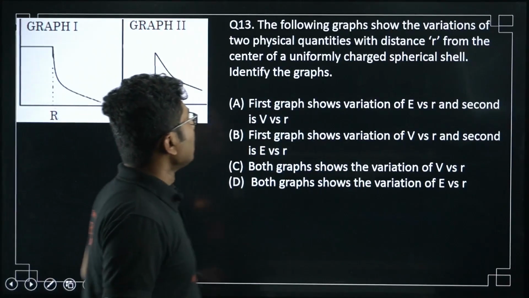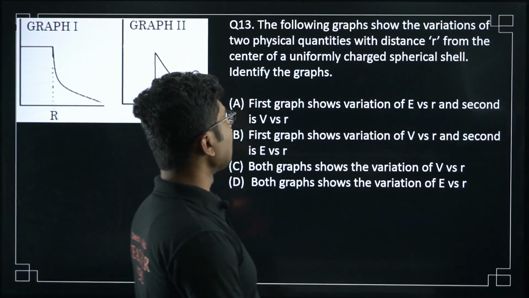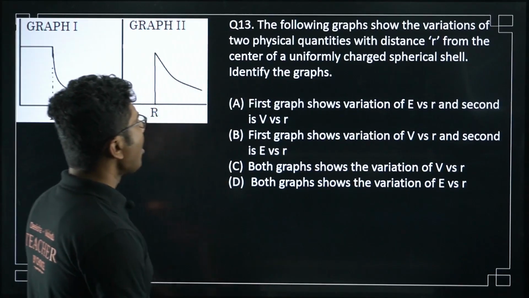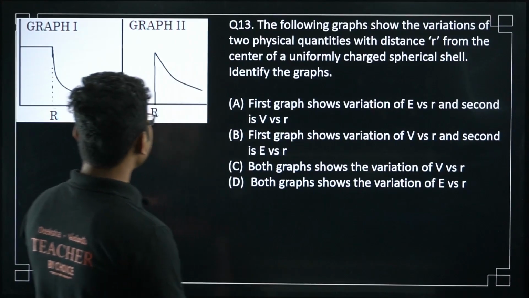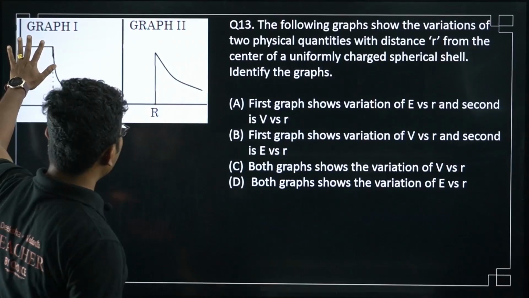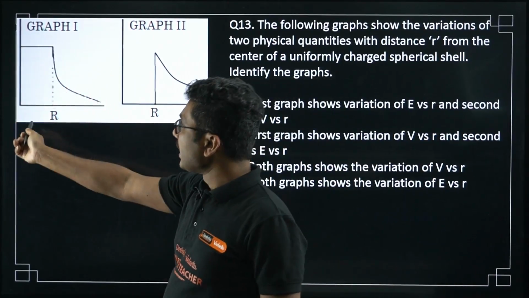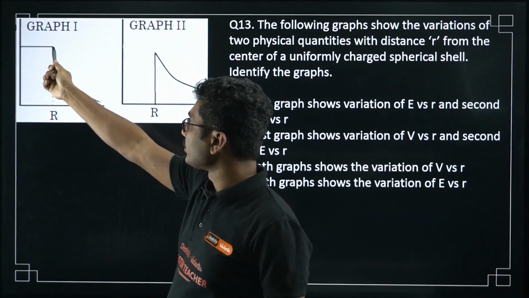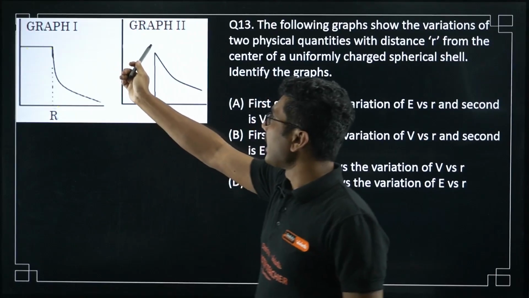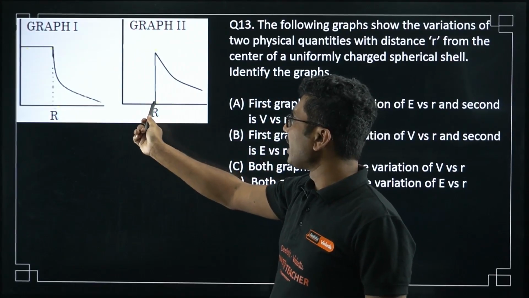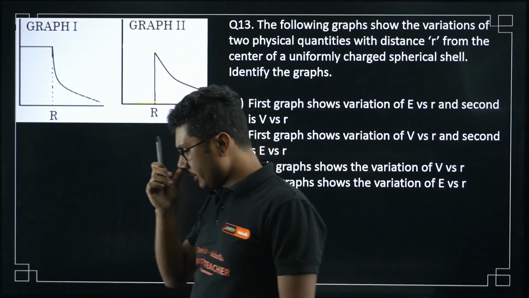Now the following graphs show the variations of two physical quantities with distance r from the center of a uniformly charged spherical shell. Identify the graph. So first we have one graph, and we have a second graph. In this graph, as you see, inside it is constant, up to radius r. In the other graph, up to radius r the value is 0, then suddenly it is increasing, then going to 0.